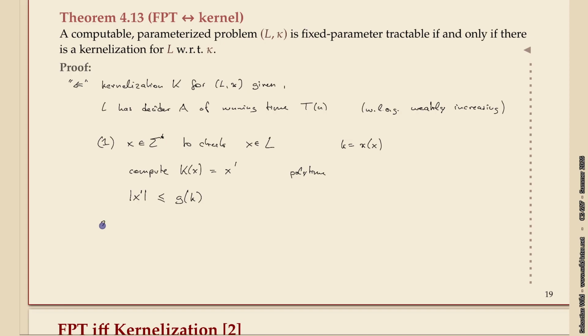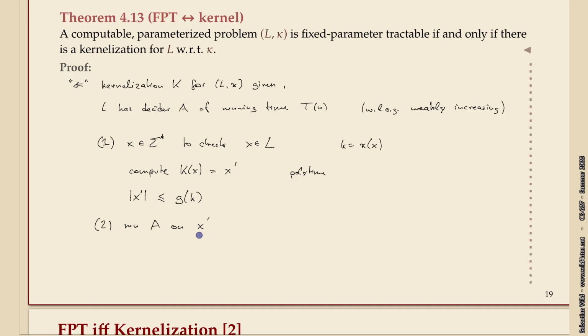And then the second step is we run our algorithm A on this kernel. So that decides, by the correctness of the kernelization, the answer for x prime is the same as the answer for x, so that will be a correct output.